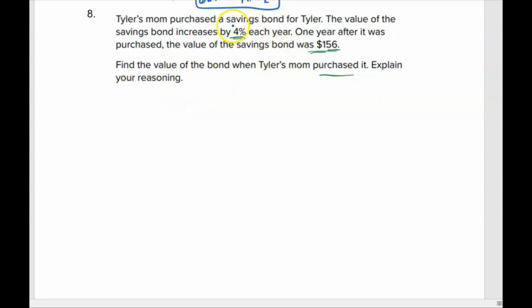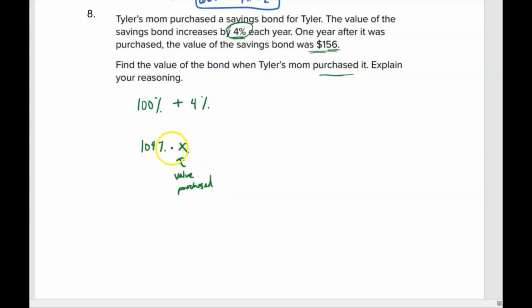This 4% is going to be important because when we started it, we bought 100% of it, and it increased 4% this last year. So now this year I technically have 104% because of that increase. To find my original, to work backwards, I could say 104% times the value that I purchased it at.